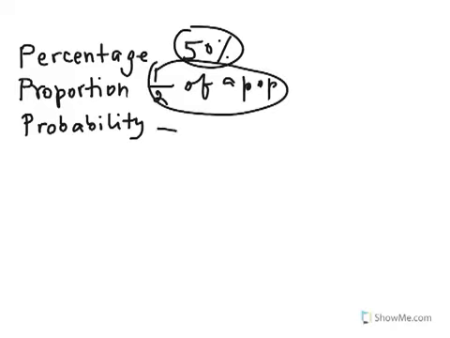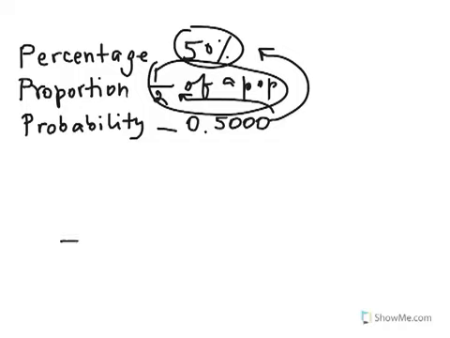Now probability, on the other hand, is usually used when we talk about the chance that an item will possess a certain property. So this would be a probability written in the form of a decimal with 4 decimals, such as 0.5000, which is the same as saying 50% or the same as saying 1/2.